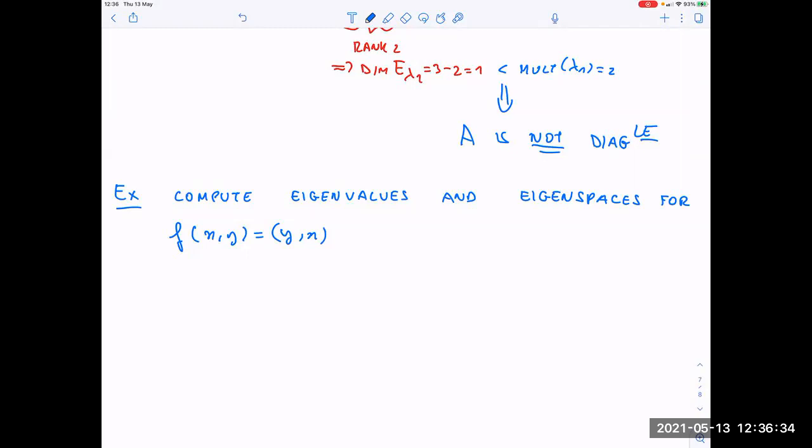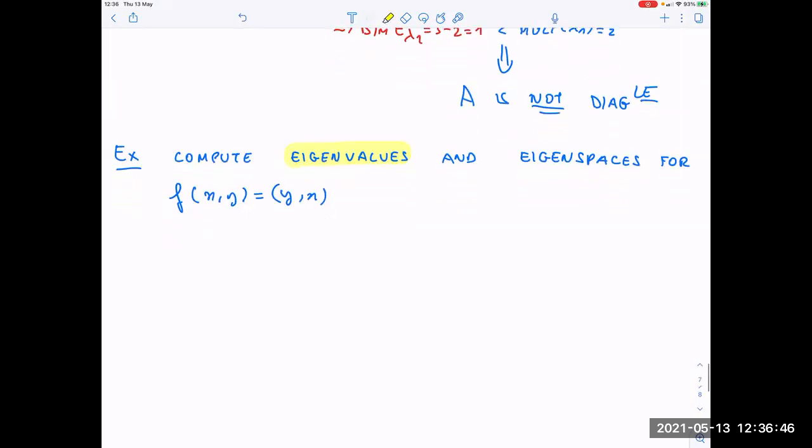So Cesare Piemontese suggests as eigenvalues plus and minus 1. So how do you compute the eigenvalues? Well, by using the definition, if you want, or using the associated matrix. So let's say we pick the canonical basis of R2, because f goes from R2 into R2, right?